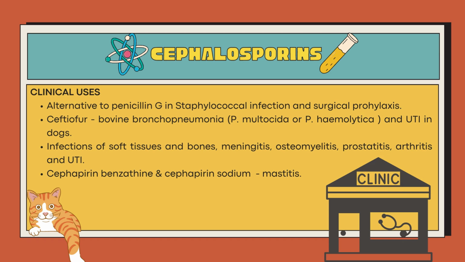Cephalosporins are useful in treating infections of soft tissues and bones, meningitis, osteomyelitis, prostatitis, arthritis, and urinary tract infection. Cefapirin benzathine and cefapirin sodium are used in the treatment of mastitis.